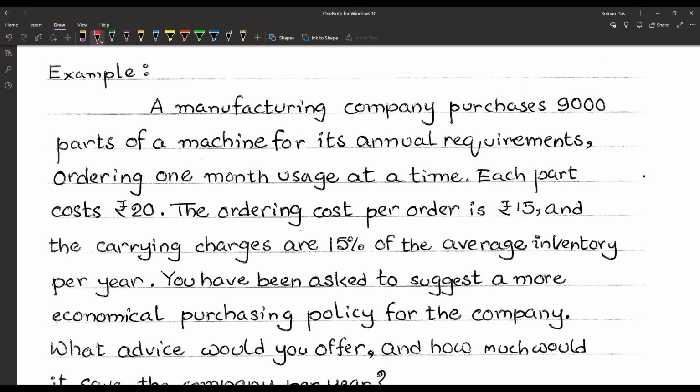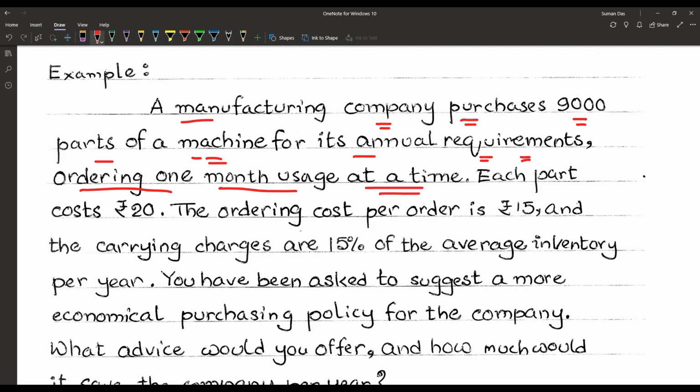The problem statement is like this: a manufacturing company purchases 9,000 parts of a machine for its annual requirement, ordering 1 month's usage at a time.